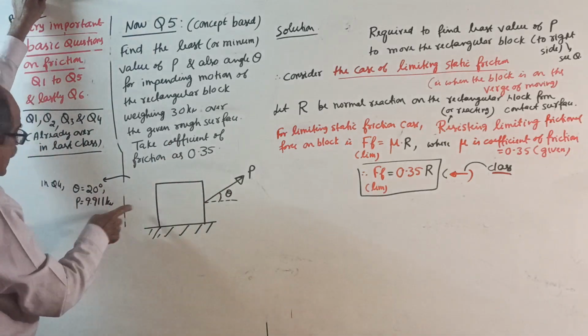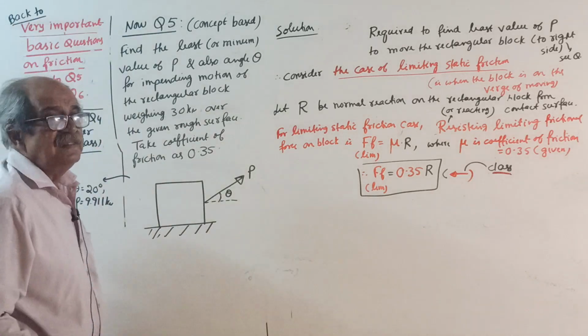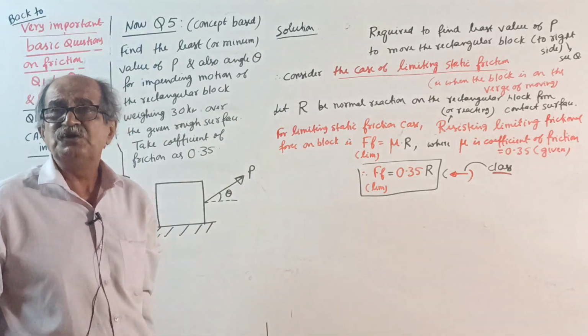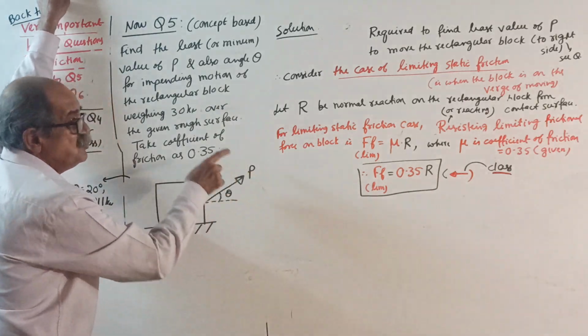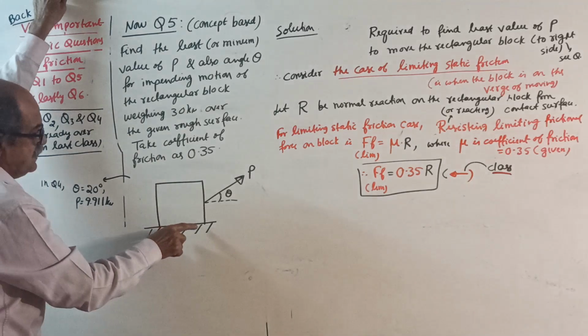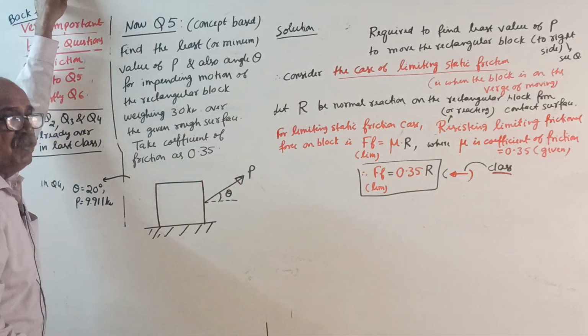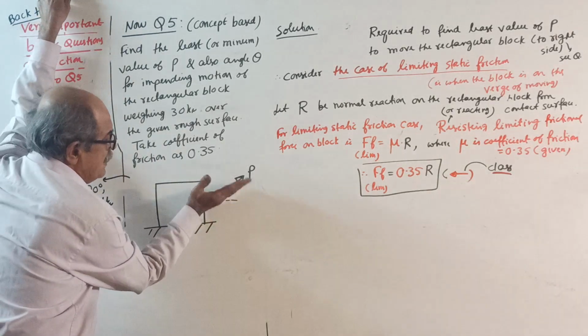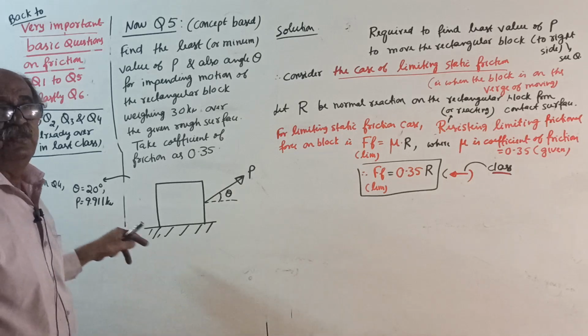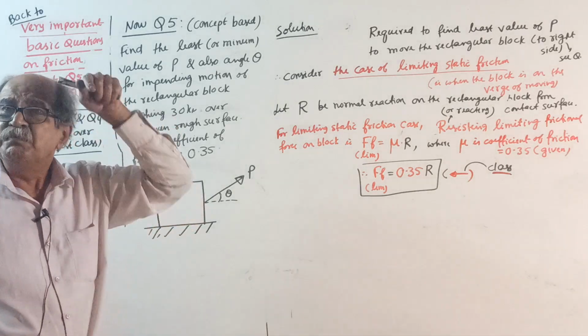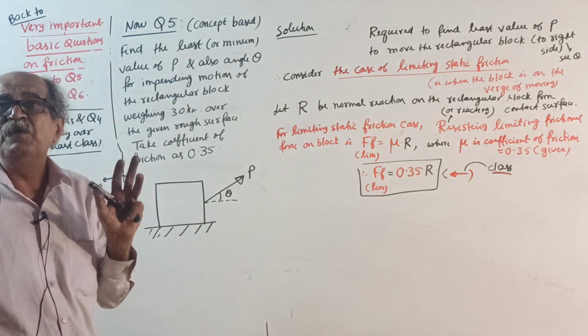Okay, now the answer is 9.911. Now, the person who gave the question thought, when this P is horizontal, P required is 10.5. When you tilted by theta 20 degrees last time, it reduced to 9.911. Therefore, maybe at some other angle, the least value will come, further lesser.